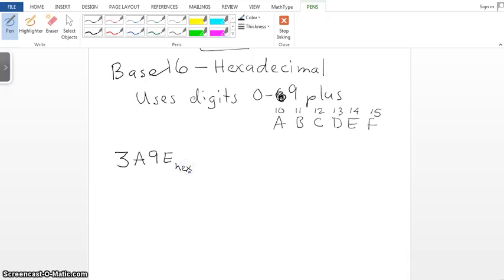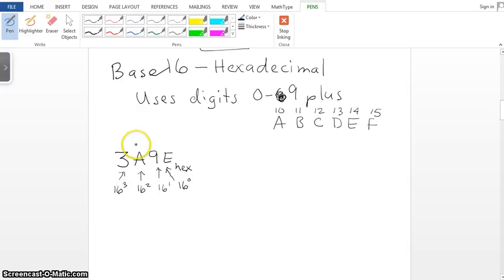To convert that back to the decimal system, we still have these place values just like we did with all the other bases. Remember your base is 16, so that's 16 to the 0, that position. The 9 is in the 16 to the first. The A is in the 16 squared, and the 3 is in the 16 cubed position.